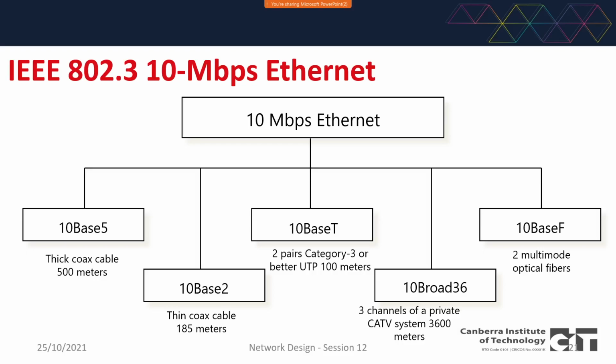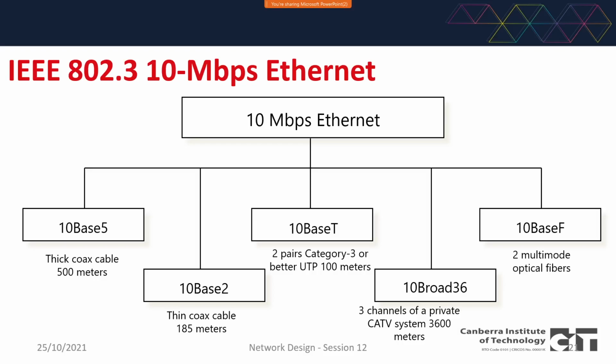Now, if you remember the 802.3 standards, they're all the Ethernet standards. So we have 10 megabits per second. They can be 10BASE5, thick coaxial cable up to 500 meters. We have 10BASE2, thin coaxial cable up to 185 meters. We have 10BASE-T, 10BROAD36, 10BASE-F.